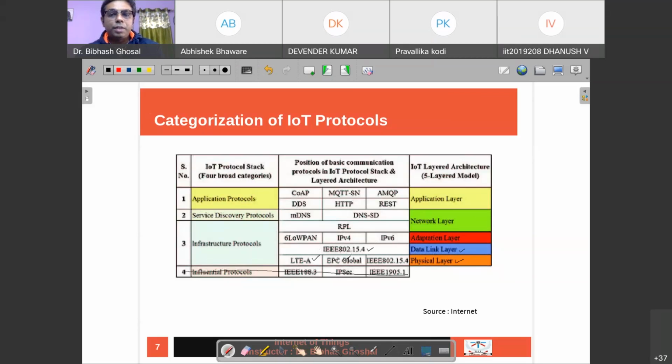This is the protocol that we'll be using for communication between devices or devices to gateway. This is at the lower layer, where we are interested in how to transfer the data bits.